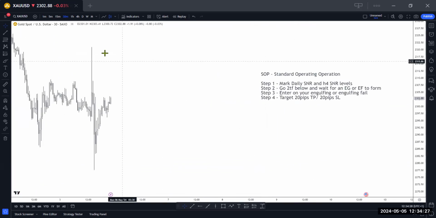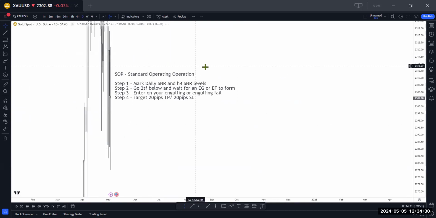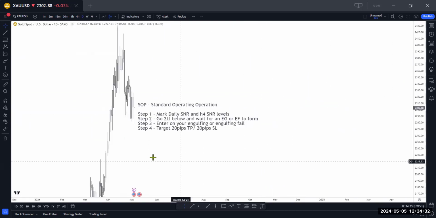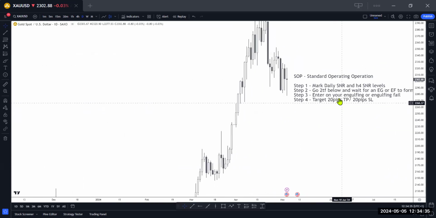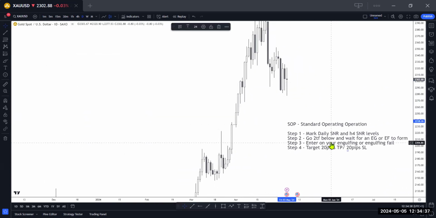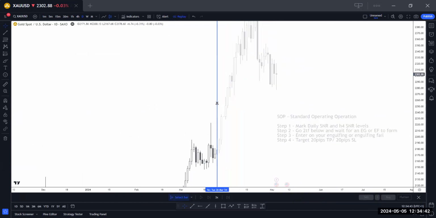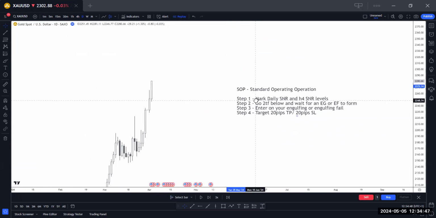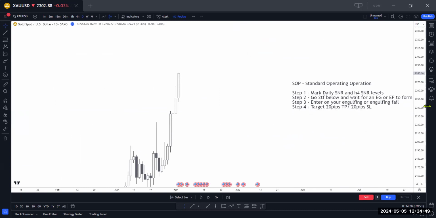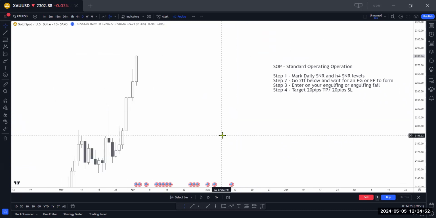Okay, so let's do an example. Daily level. On the daily, which SNR level am I most interested in? Let's say this was Tuesday, and Tuesday's candle has closed.